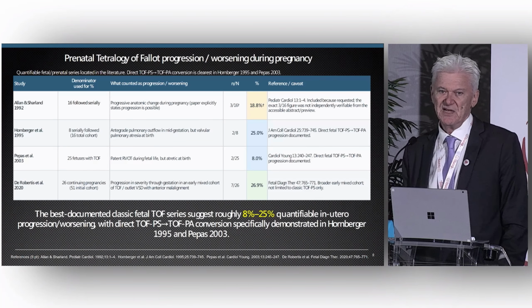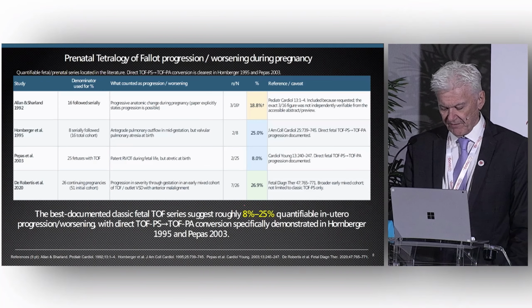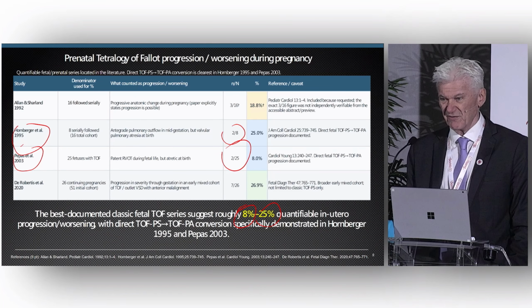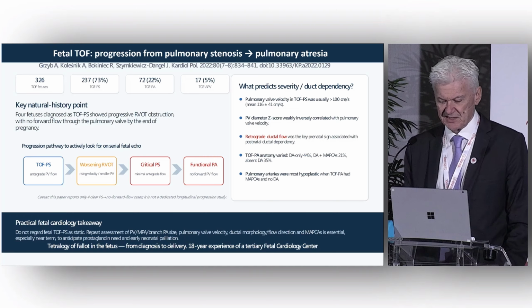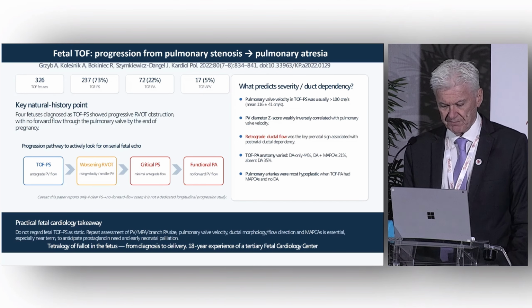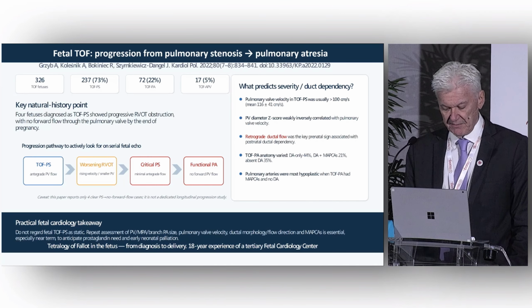There's very little data out there, and it ranged from 18 to 25% on old data, which I felt were really Hornberger and Pepe's study from 2003, but that's over 20 years ago. I think this is probably the best paper of all for what I can read in the published literature, which is far more recent. And it's a single 18-year experience from a tertiary fetal cardiology center.